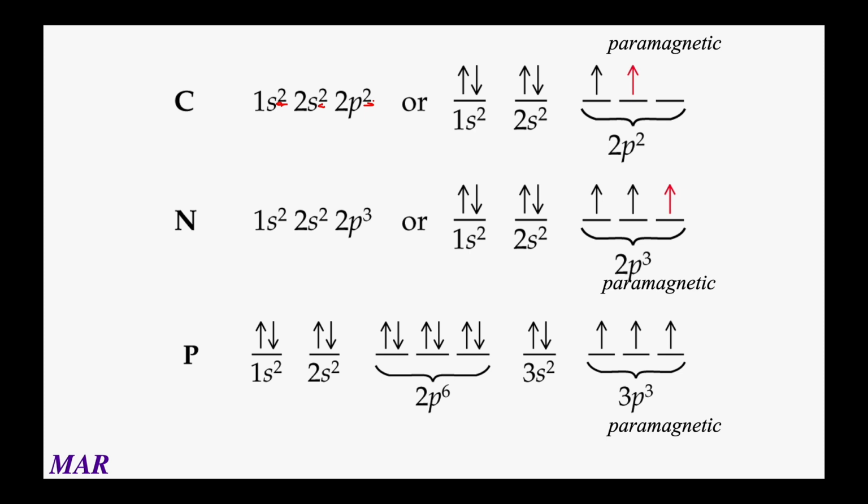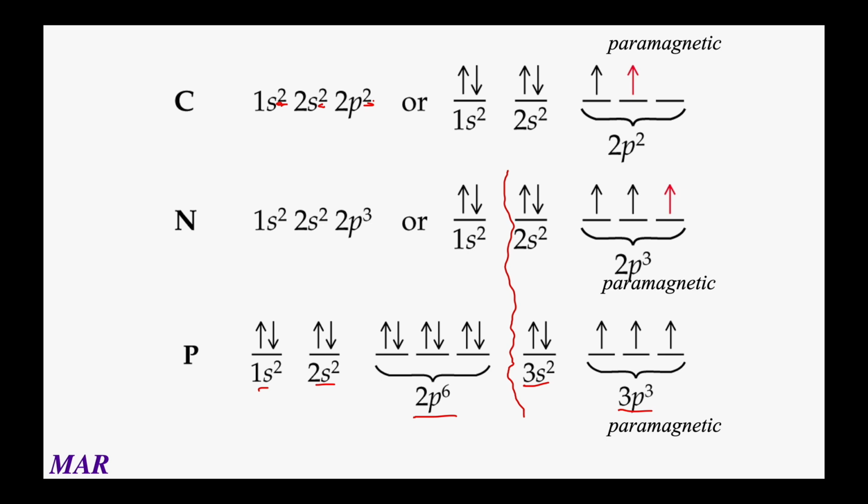Phosphorus, which is right below nitrogen, looks kind of like nitrogen. And we'll talk about this more in a little bit. Now, phosphorus is number 15. So 1s2, 2s2, 2p6, then 3s2, 3p3. But notice this part right here to the right of my red line.